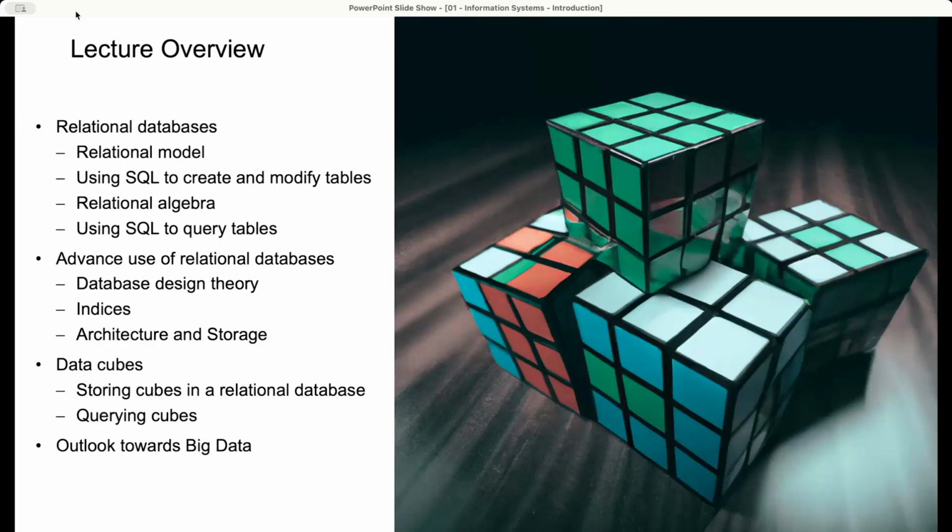That's basically the math that allows us to manipulate tables. We are going to use SQL to query these tables, and then we'll get into the scary part with more theory. That's going to be database design theory, indices, how to make databases super fast, architecture and storage, and then data cubes. That's the business analytics part, and then an outlook towards big data.